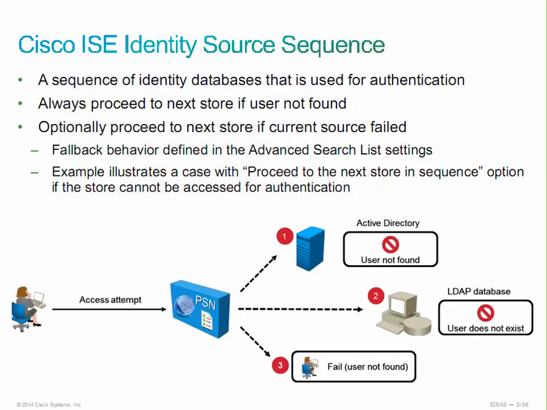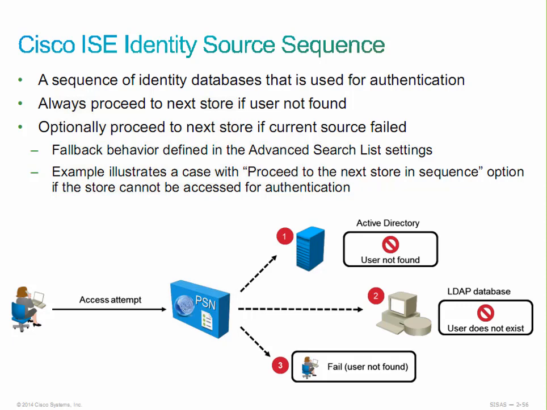For example, EAP-GTC and PAP are going to be available for all four. But if you're going to run something like MS-CHAP v1 or MS-CHAP v2, that's going to be supported internally and with Active Directory, but it's not going to be supported with LDAP or RADIUS or a token server.